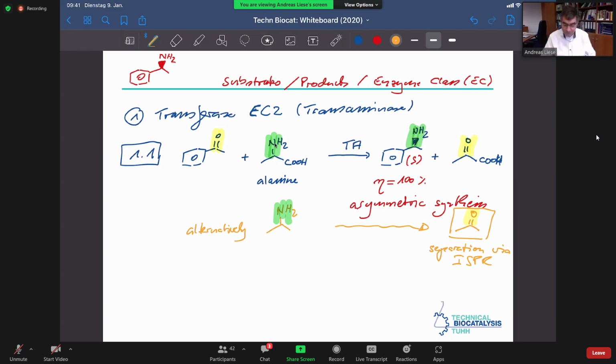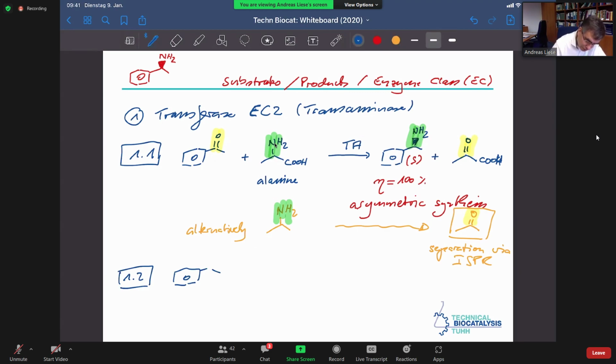We still have 5 minutes, so let's finalize transaminase. We have a second reaction we could run with the transaminase, and this points in the direction of what Ryan was asking just before. We named this 1.2. In the end it is the backward reaction, namely that we start with a racemic amine.